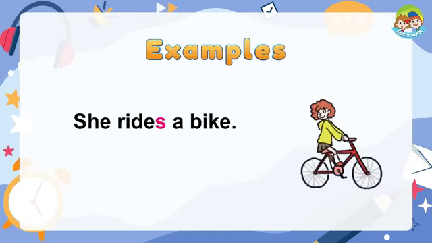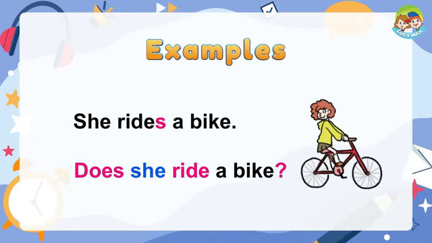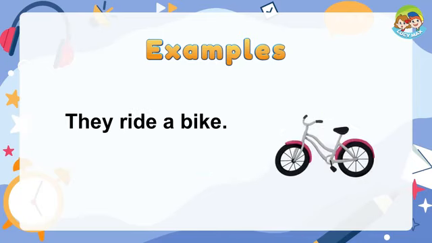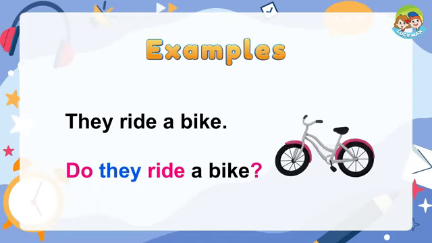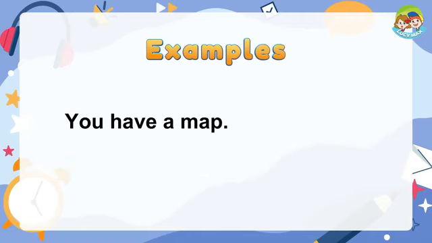She rides a bike. This goes to, does she ride a bike? They ride a bike. The question form is, do they ride a bike? You have a map.